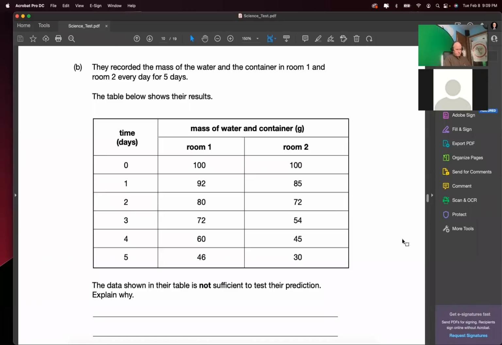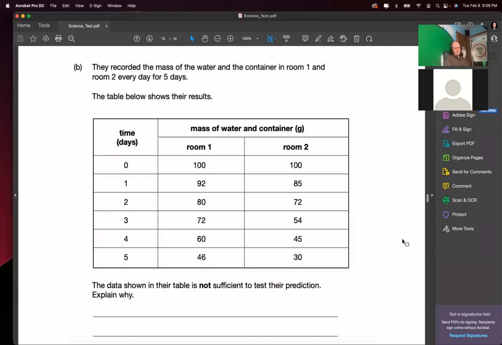Okay. I guess it helps if they literally mean just the data in their table and nothing else. It literally means just the data in the table and nothing else. Right. Then I guess they don't give the temperature of the two rooms at any point in time, and they could even be changing over time.